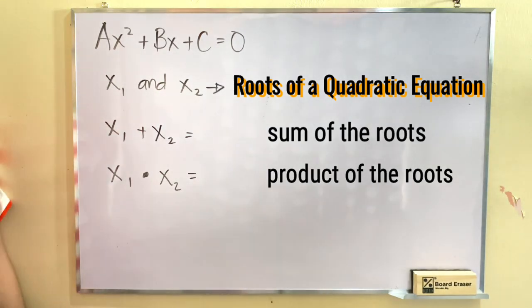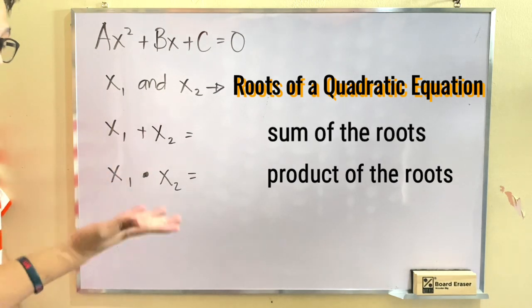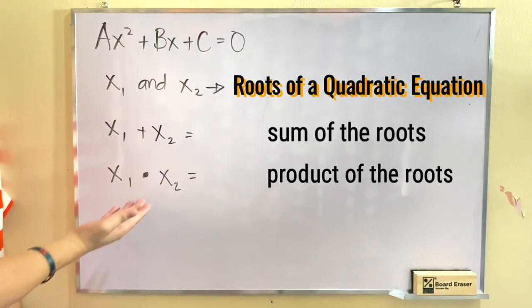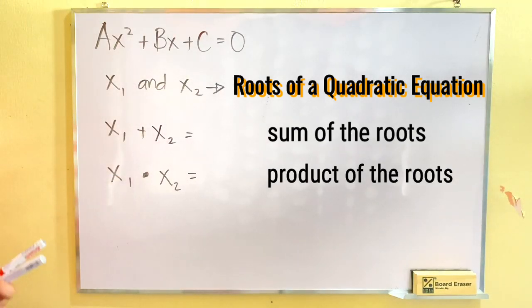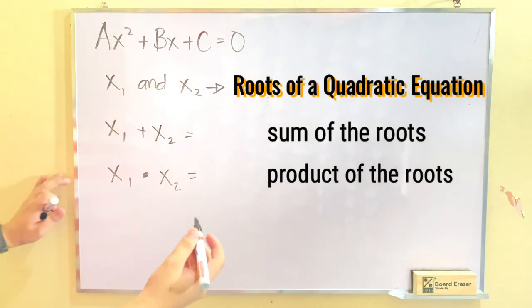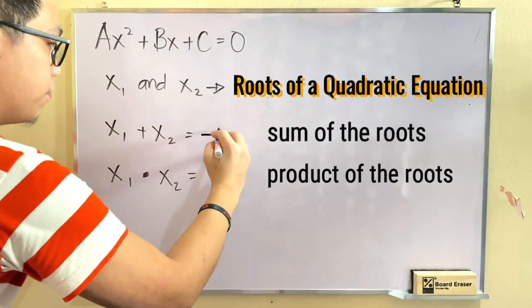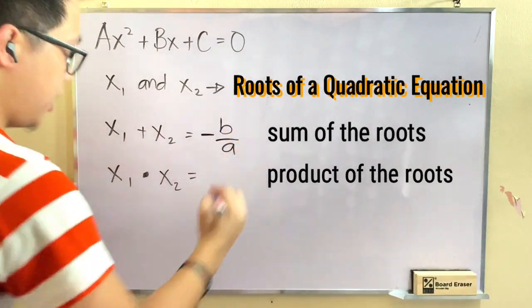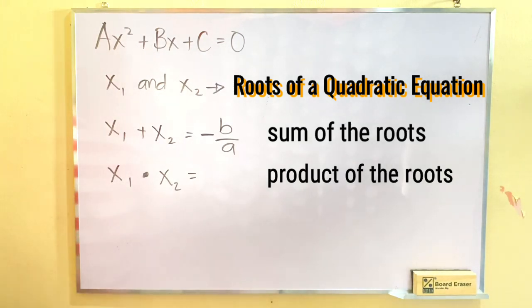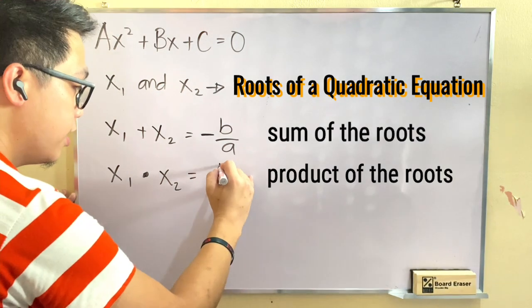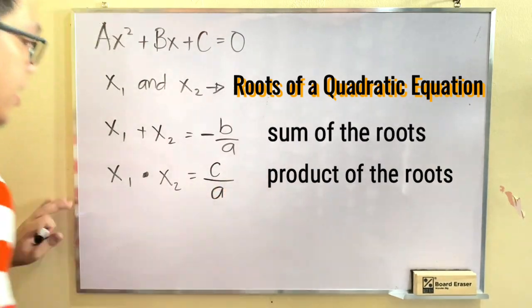Meron tayong magagamit na formula upang makuha ng mabilisan ang sum and product of the roots of the quadratic equation. So, ang sum of a quadratic equation, makukuha natin siya using formula negative b divided by a. And then, yung product naman ng roots of a quadratic equation, makukuha natin siya using formula c divided by a.